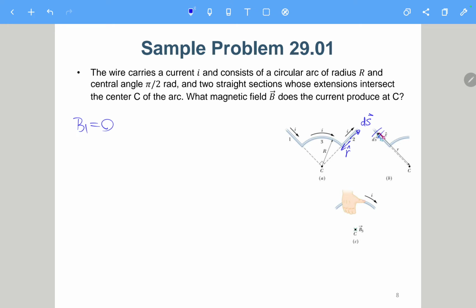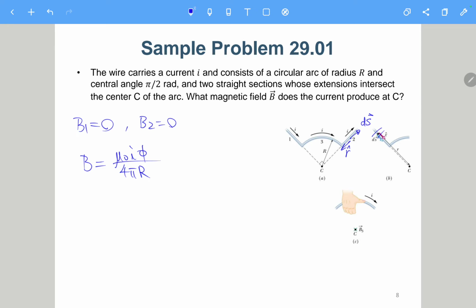For the cross product, sine of 180 degrees is 0, which means B2 is also 0. The remaining one is the third segment. The third segment is B equals mu 0 I phi over 4 pi r.